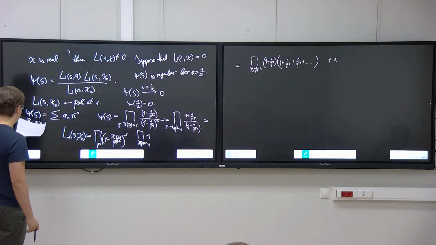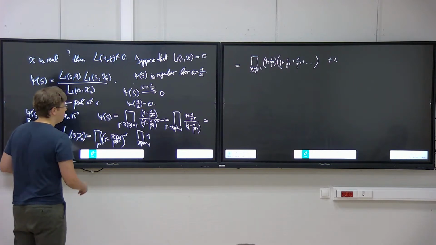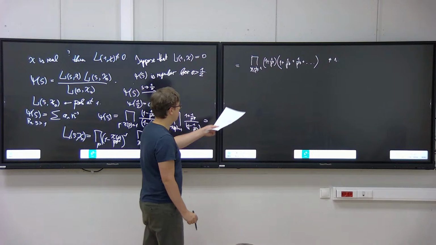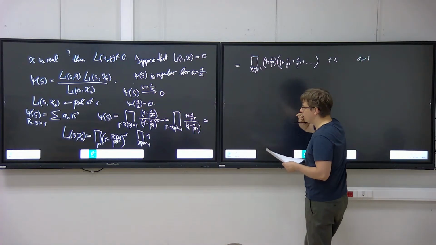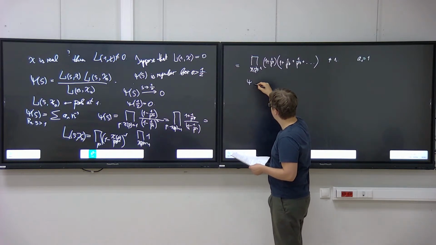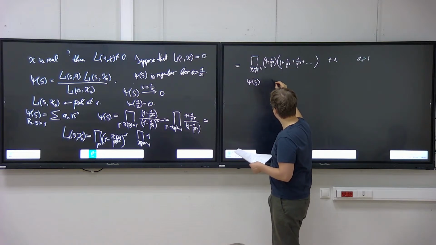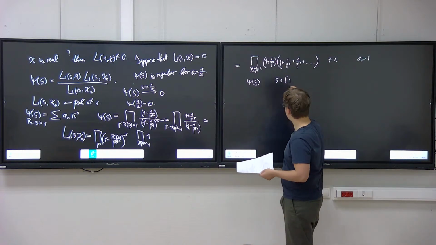So a_n is positive, a_1 is 1. Of course, here we see this a_1 is 1, and so we know what's with our function psi of s. Сейчас так. Еще раз, у нас получилось a_1 равно единице, потому что при единице у нас только единица будет в произведении.